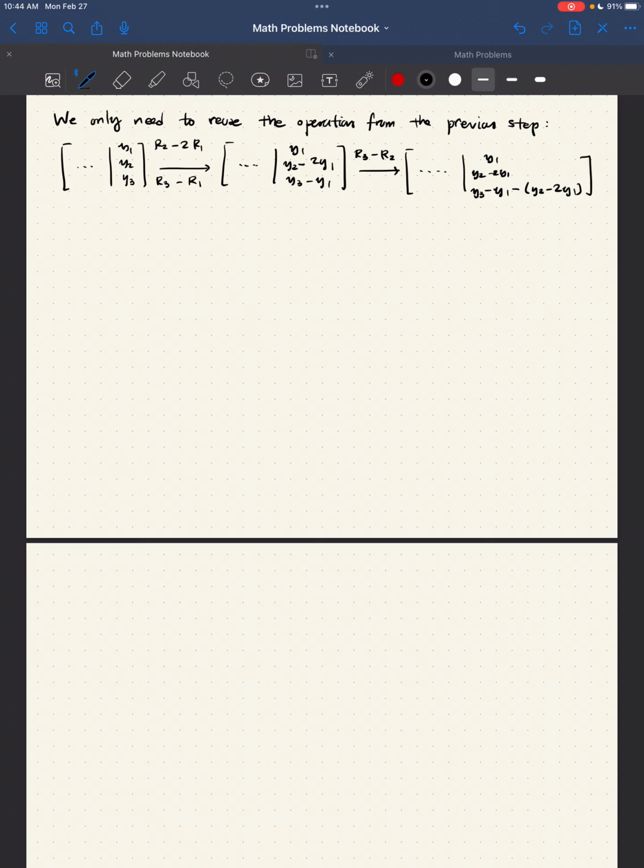Then from here, we apply the following operation, negative 1/2 of row 2. Well, we have a matrix, and then we look at the column: y1, negative 1/2 of y2 plus y1, and then a simplification of the expression that we have here symbolically.